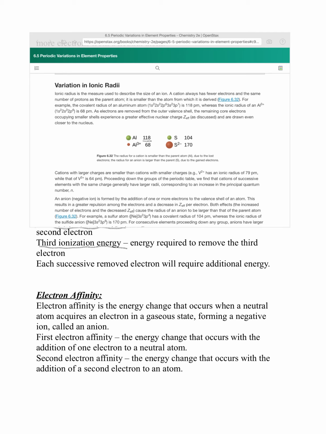If I remove 3 electrons, it then is only 68 picometers. Right? That's why it has a positive 3 charge, because it's lost 3 electrons. And so the remaining electrons are closer to the nucleus, which is the positive charge. It's going to pull on those outer electrons that are left with a greater force, and the atom's going to be smaller.